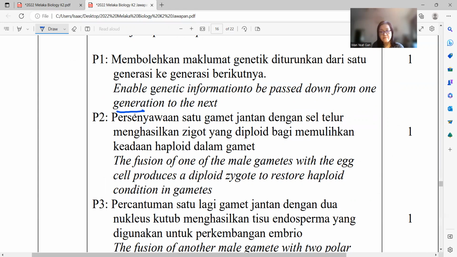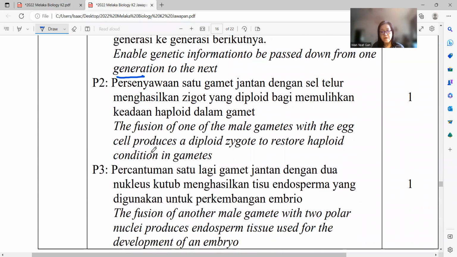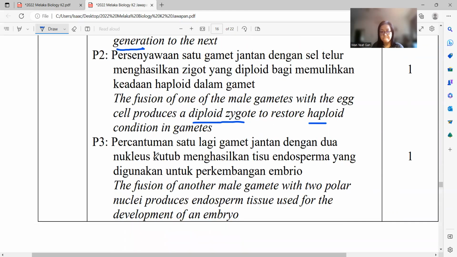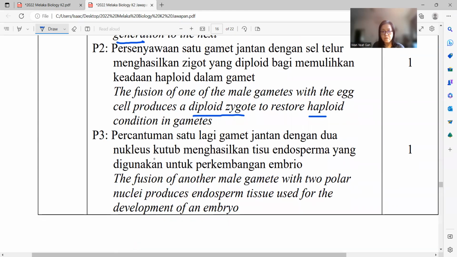Okay, so the genetic information will be passed down. The fusion of one male gamete with the egg will produce a diploid zygote to restore the diploid condition, and also the diploid zygote will ensure continuity, yeah, or survival of the species.